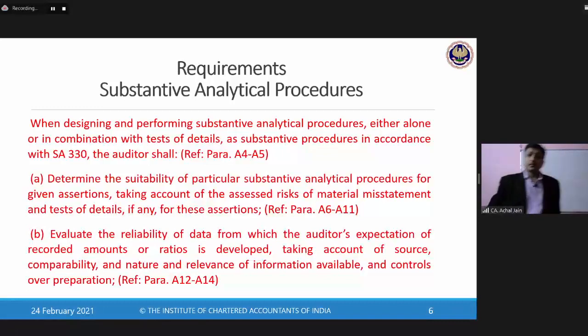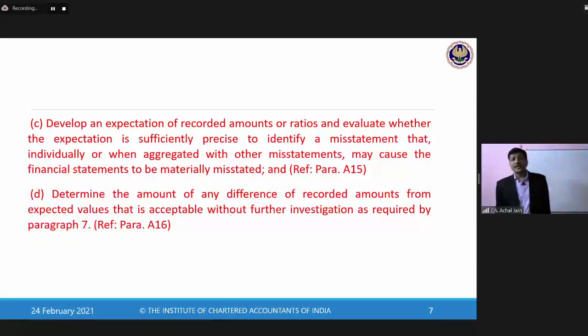Next, develop an expectation of recorded amounts or ratios and evaluate whether the expectation is sufficiently precise to identify a misstatement that individually or when aggregated with other misstatements may cause the financial statements to be materially misstated, and determine the amount of any difference of recorded amounts from expected values that is acceptable without further investigation.